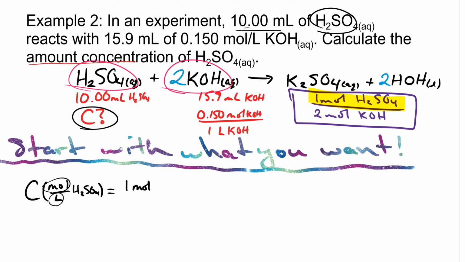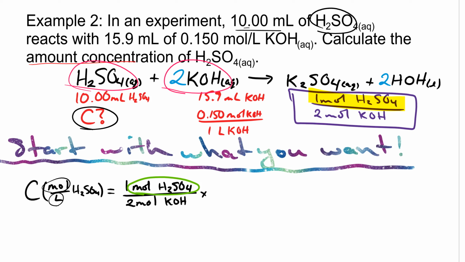1 mole of H2SO4 will react with 2 moles of potassium hydroxide. So that's the unit that I want to keep. But I want to get moles of potassium hydroxide. So what do I have to multiply by?